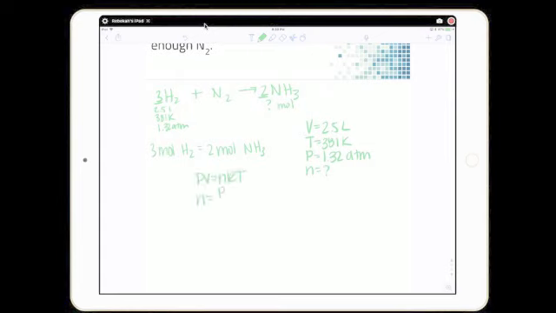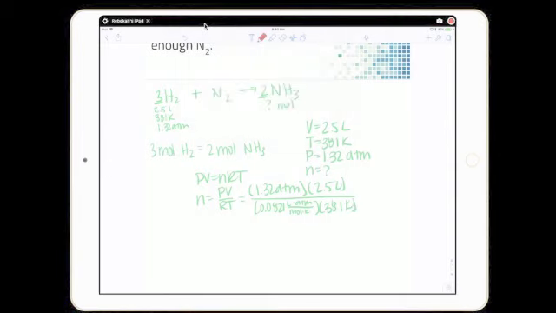Moles are equal to PV over RT. 1.32 atm times 2.5 liters over R times temperature in Kelvin. Okay.